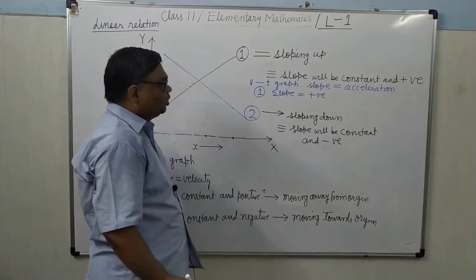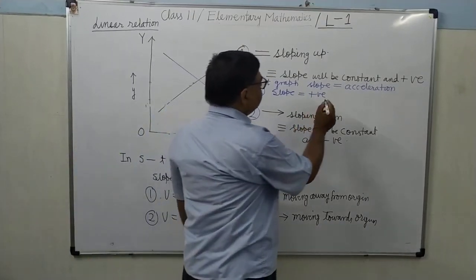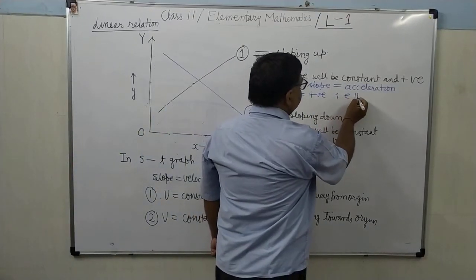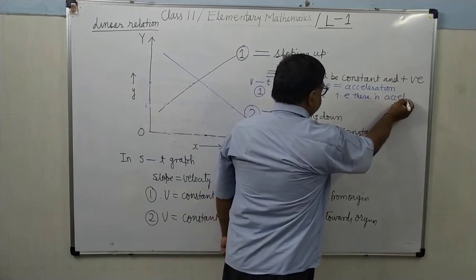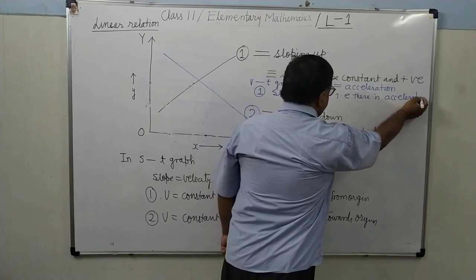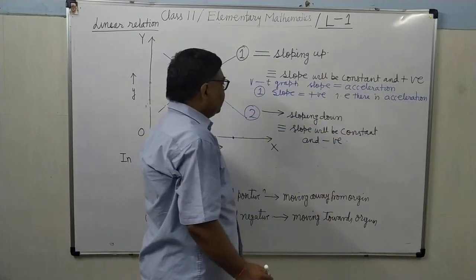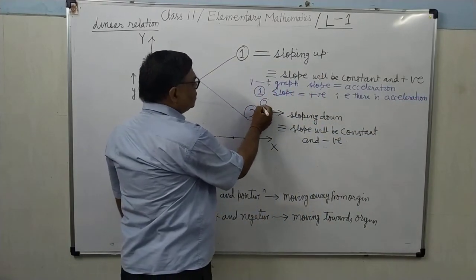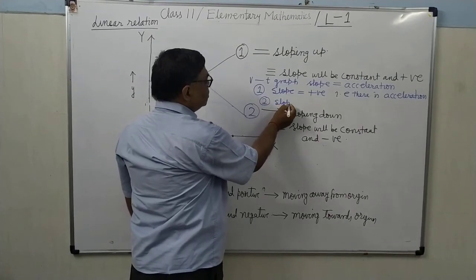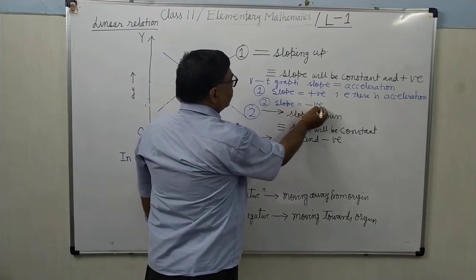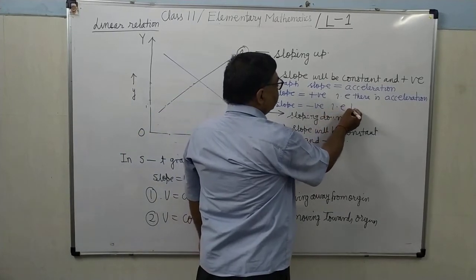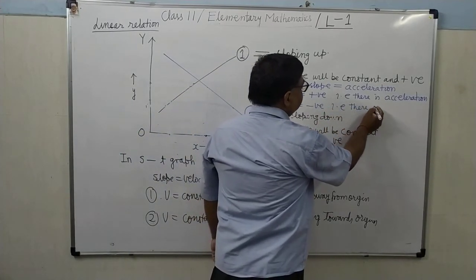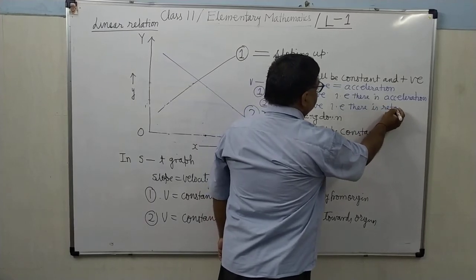Slope is positive means acceleration is positive. Simply we will say there is acceleration. But in the second case, you can see slope is negative. Slope is negative means there is retardation.